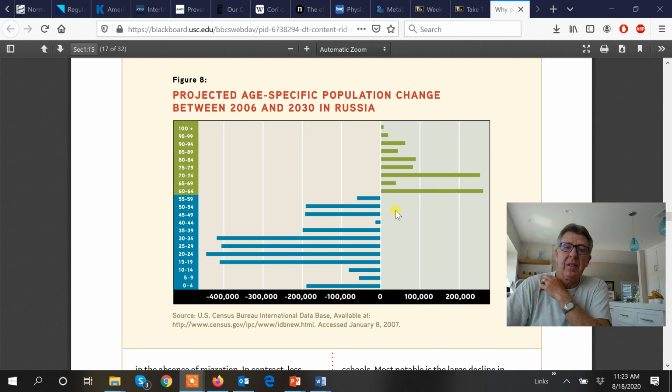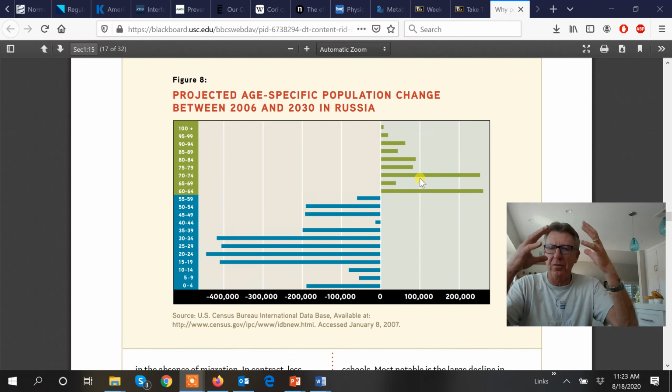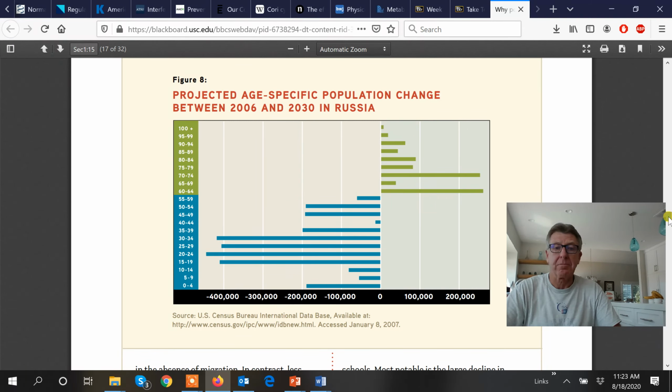We see this gigantic decline in all these age groups, boom, boom, boom, and this dramatic increase in the representation of the older age groups. These people are not reproducing, or they're out of Russia, and all the old people are left behind. So as a percentage of the population, they're having a bigger impact.